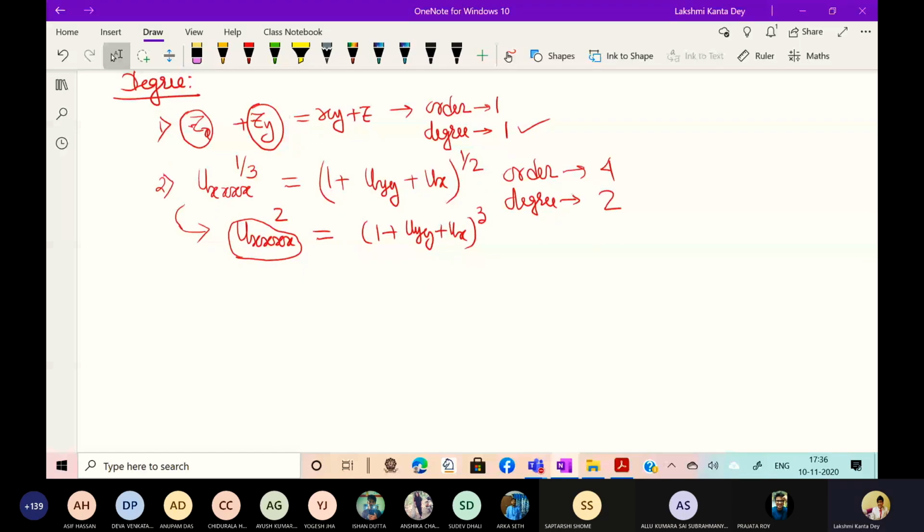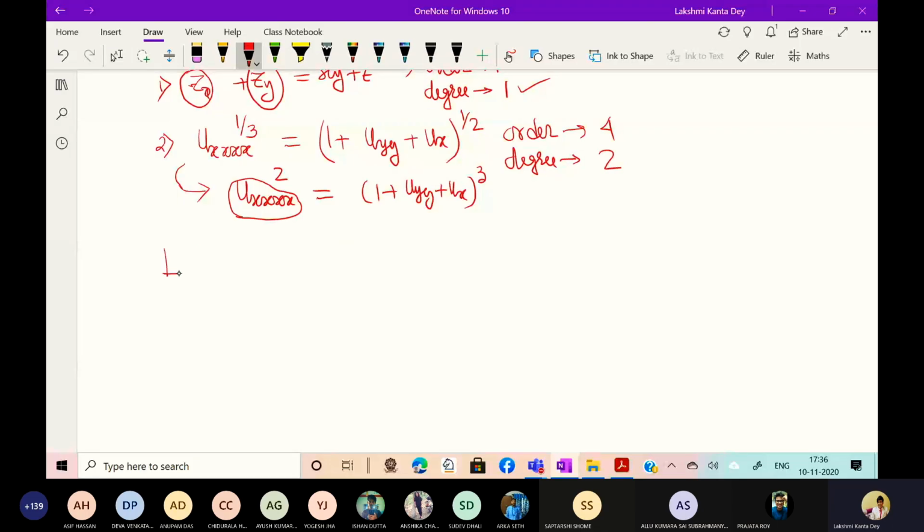Okay. Next, we learn when a partial differential equation is said to be linear. A partial differential equation is said to be linear if it is linear in the dependent variable and all its partial derivatives occurring in the equation.